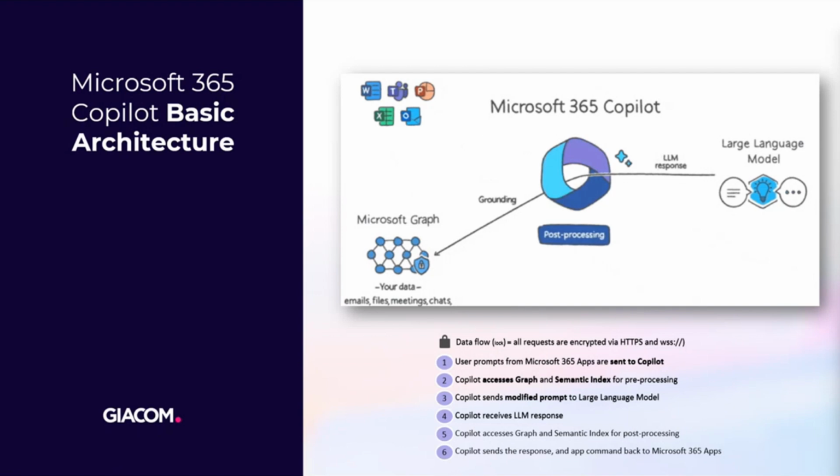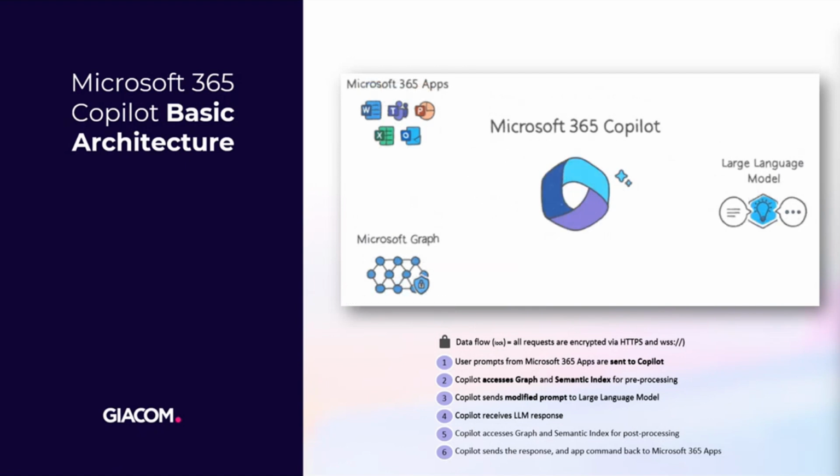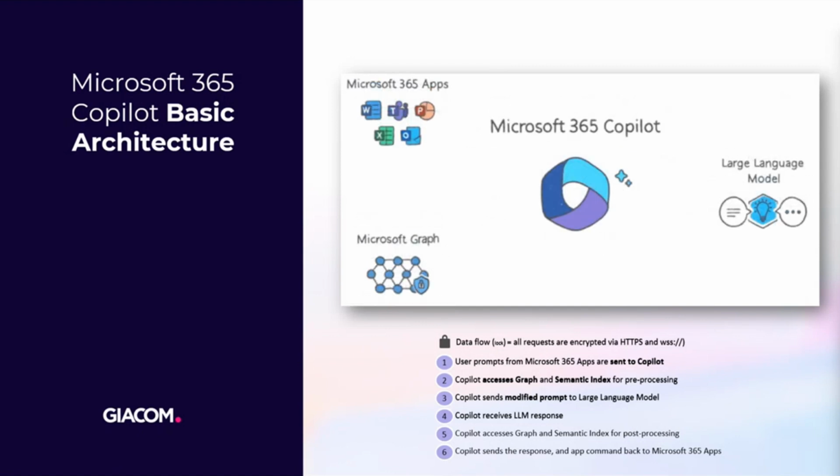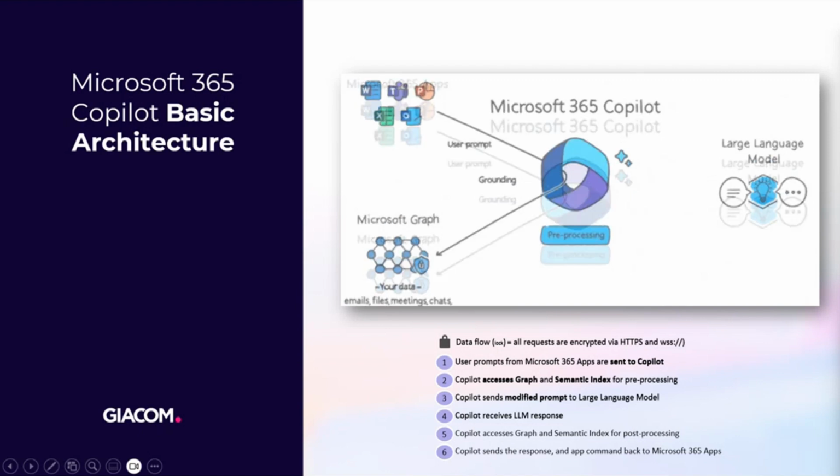That is simply the large language model, which then gives us the response of what we need. So that, in a nutshell, is how the Microsoft 365 Copilot architecture is built. That is the foundation, which is incredibly simple and brilliant.